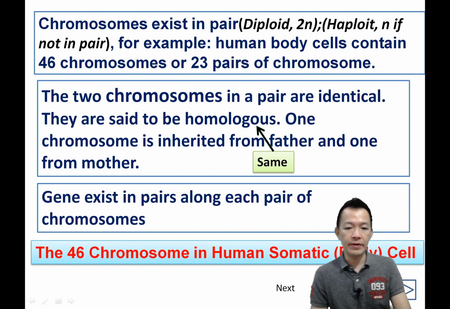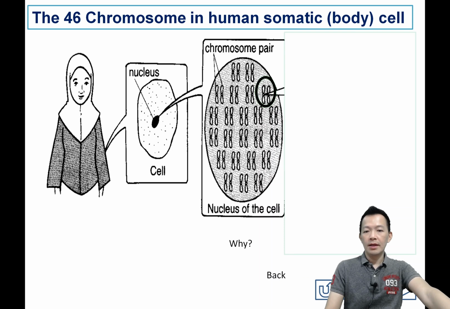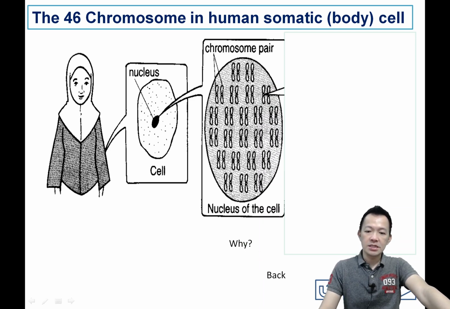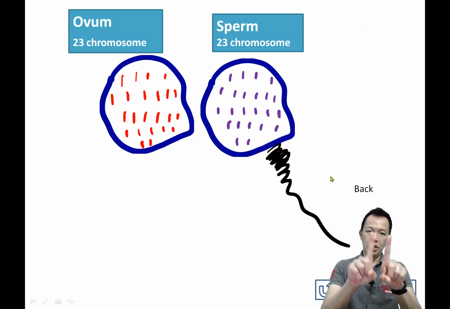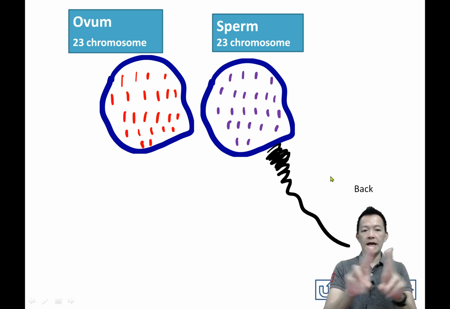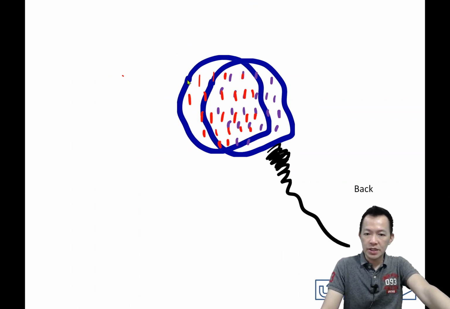Because some of you may not be very good in Form 4. Look at one pair of chromosomes. Why does a chromosome come in pairs? Why do we call it homologous? 16, 17, maybe 18 years ago, the ovum contained 23 chromosomes and the sperm contained 23 chromosomes, and during fertilization between sperm and ovum, the nuclei join together.